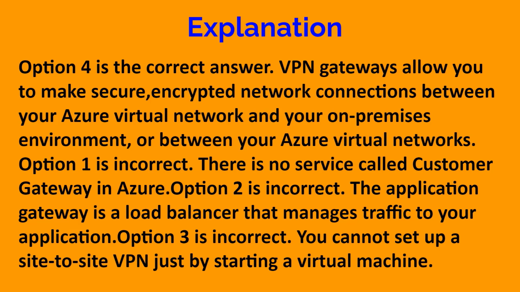VPN gateways allow you to make secure encrypted network connections between your Azure Virtual Network and your on-premises environment, or between your Azure virtual networks. Option 1 is incorrect. There is no service called Customer Gateway in Azure. Option 2 is incorrect. The Application Gateway is a load balancer that manages traffic to your application. Option 3 is incorrect. You cannot set up a site-to-site VPN just by starting a virtual machine.